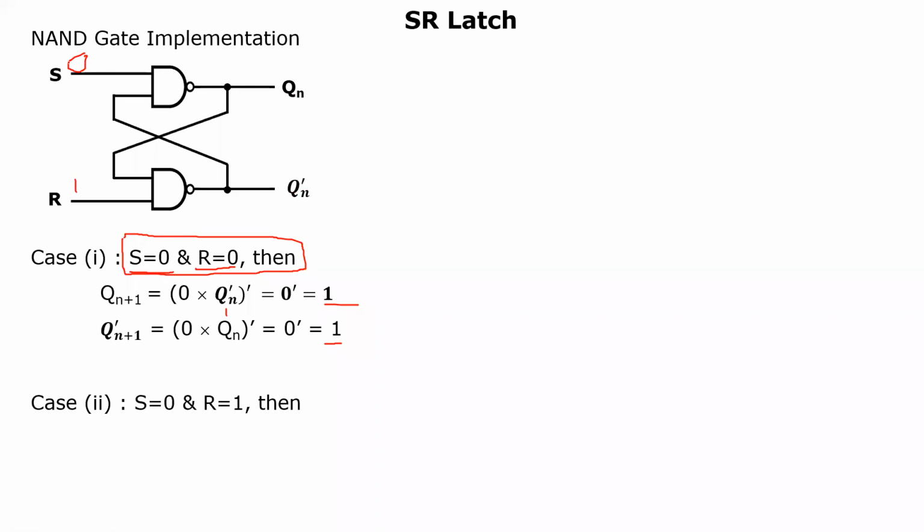Let me evaluate the first gate first. If you evaluate the first gate, whatever the output, you are expected to identify Qn plus 1. In the next delta time, you are expected to evaluate. If you want to evaluate this one, one input is 0 here, and the second input is connected from here to here, which will be Qn complement. 0 into anything will be 0.